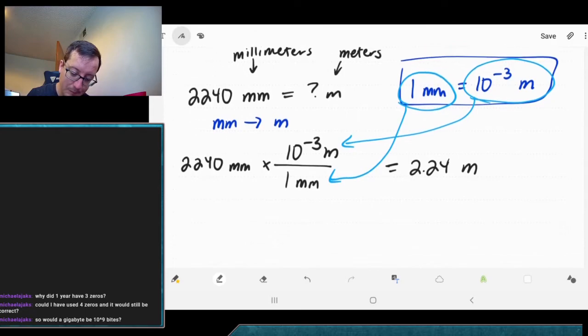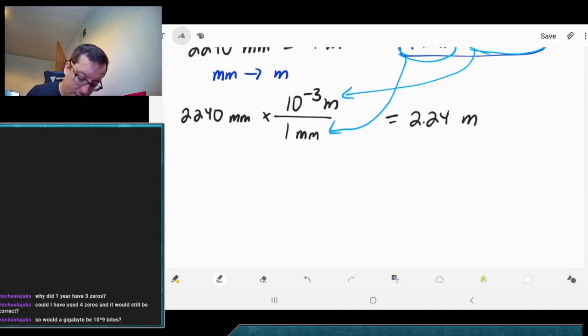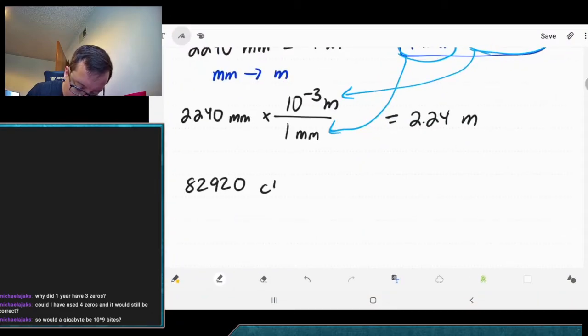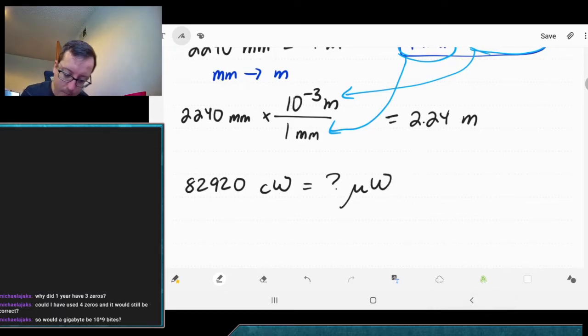Let's do another one. Here's another one. 82,920 centiwatts is how many microwatts? Don't forget that symbol in front of watts there is micro.